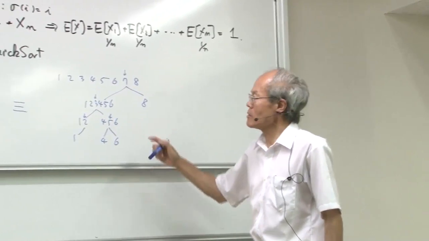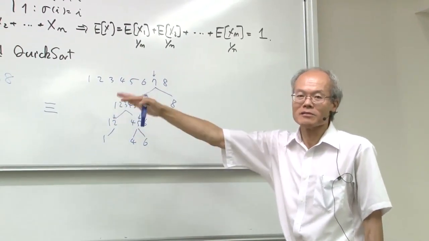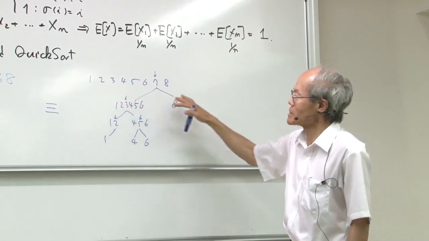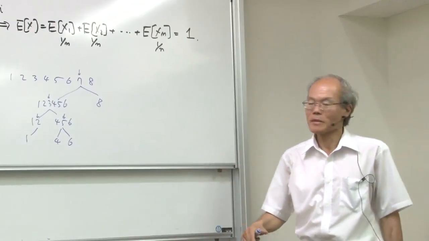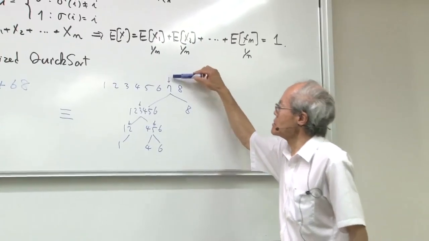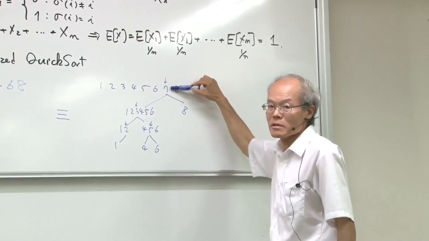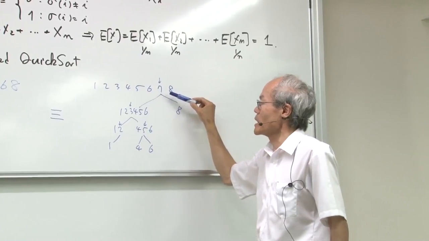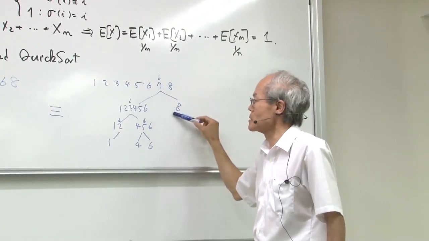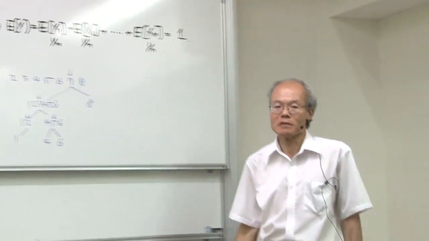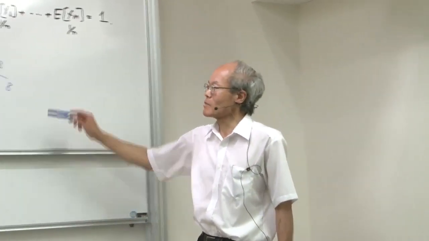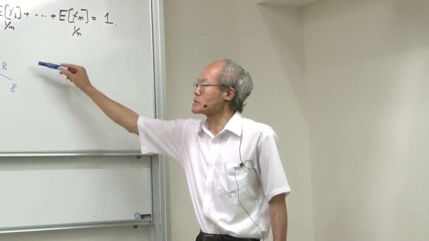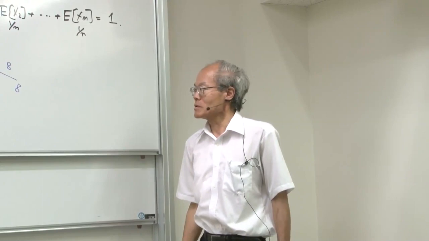Now, the execution of the sorting looks exactly the same. You choose 7 for the pivot, then you compare all the other numbers with 7 and divide them into 2 groups. Exactly the same. So this is much, much easier for analysis. We are assuming that the numbers are already sorted.